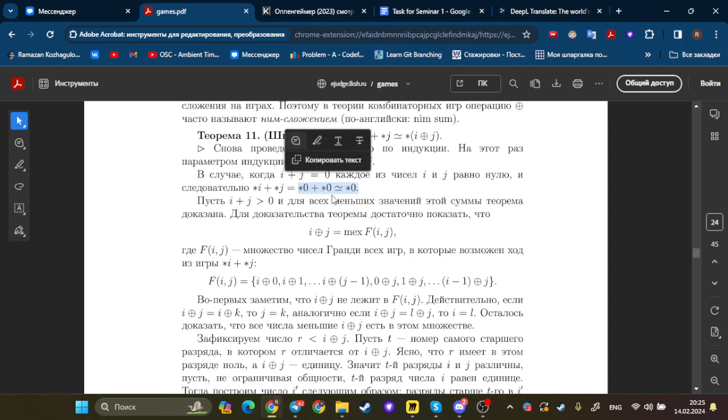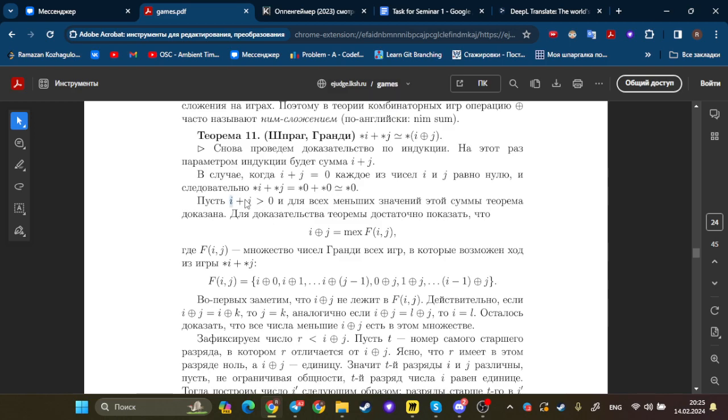It is obvious that null piles of two stones, two empty piles, is equivalent to just null, just a game on null piles.